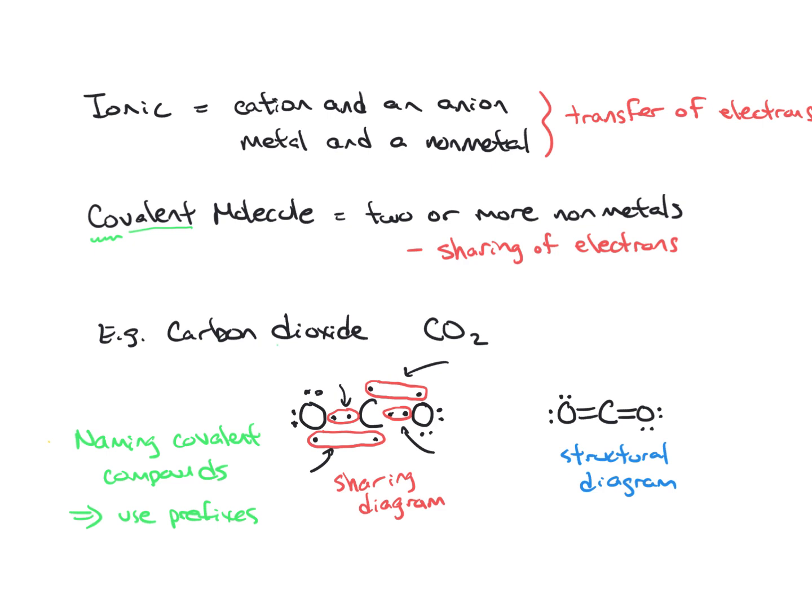So di is a prefix for 2. So dioxide means 2 oxygens. And there is only 1 carbon, so we write carbon. Now there is a prefix for 1, and it's called mono, but we never start with a mono. There's just kind of a rule. We never start the name of a compound with mono. So this is called carbon dioxide. Okay, we're going to do a bunch more examples.